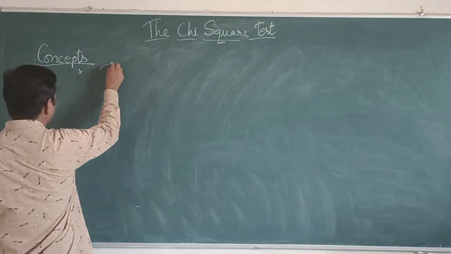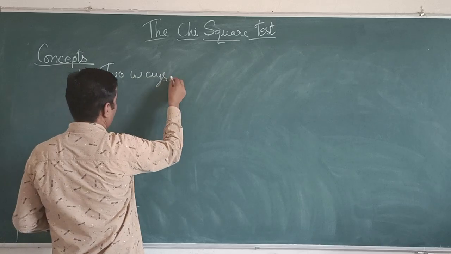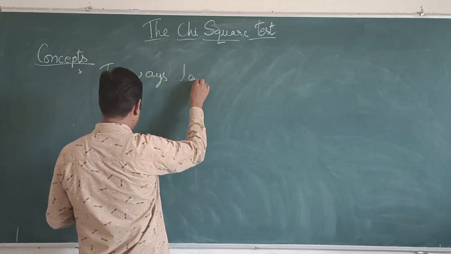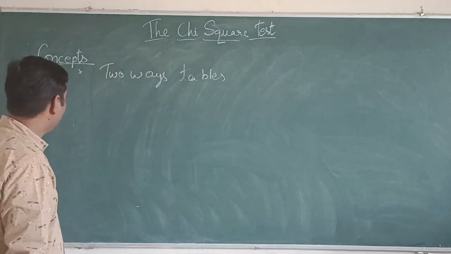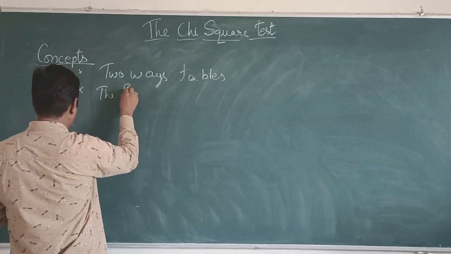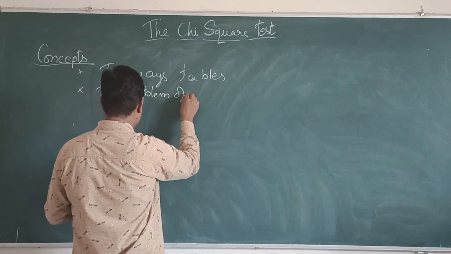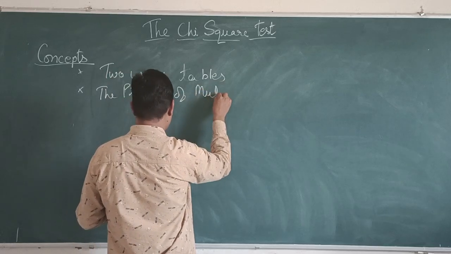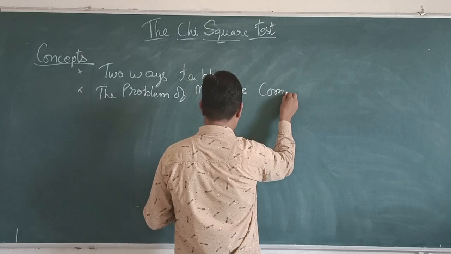The concepts are, you may write down with me. First one, it will be presented in two-way tables. Second is the problem of multiple comparisons.